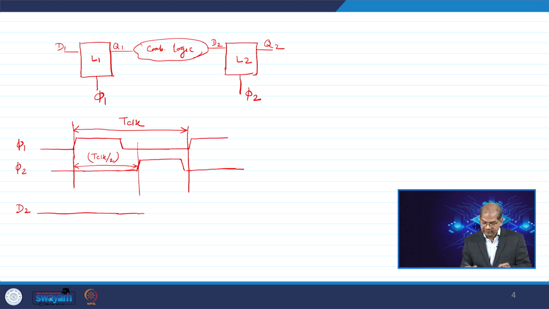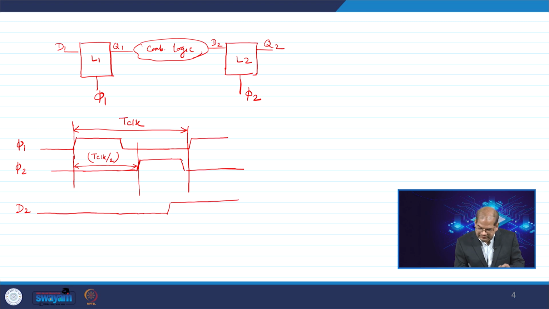D2 is reaching inside the positive half cycle just before the setup time of latch 2. It is coming late and it is reaching before the setup time.